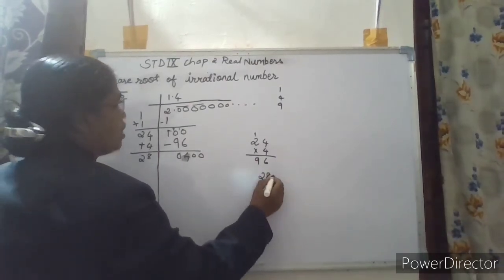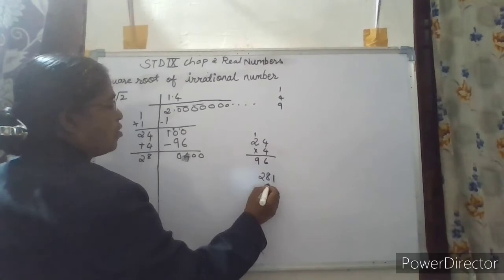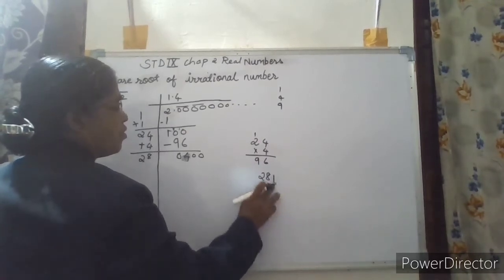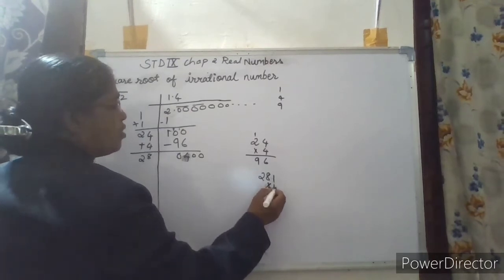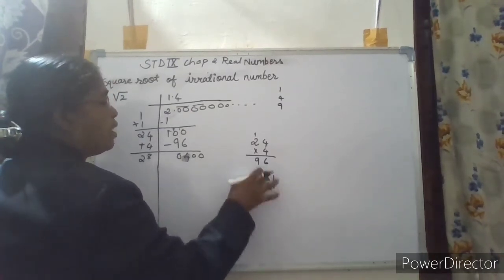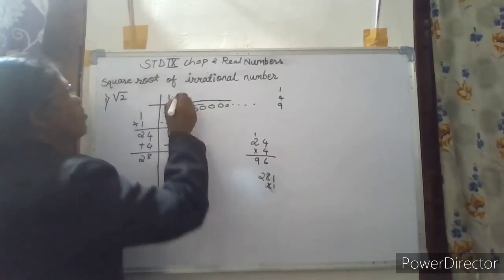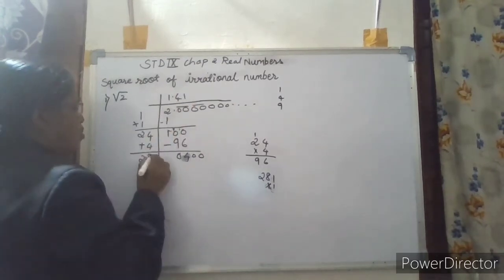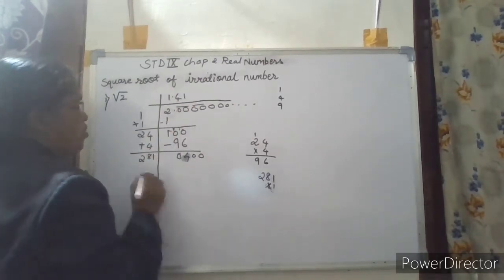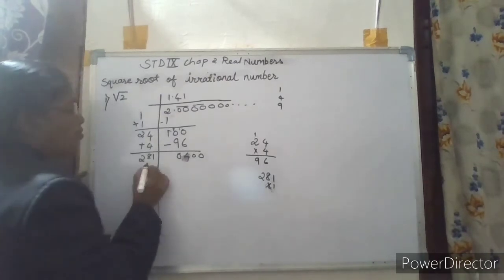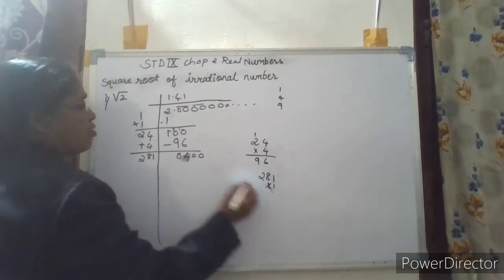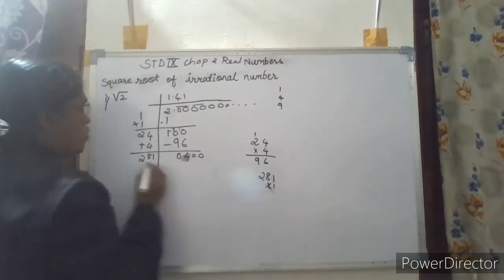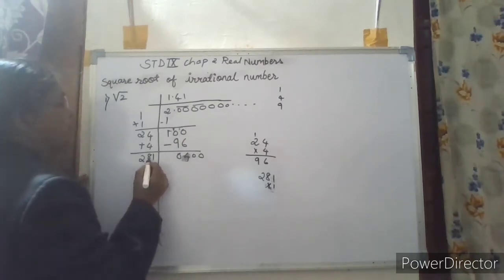So, take 1. I am taking 1, so multiply it by 1. 28 ones is, sorry, not 28, 281. Now it is 281.